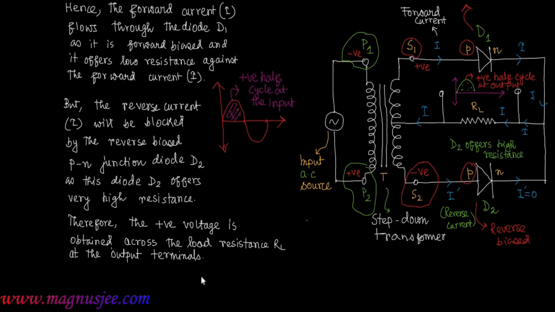And this positive half cycle at the output terminals is obtained due to the conduction of current by the diode D1, not due to the diode D2. The positive voltage is obtained across the load resistance RL at the output terminals due to the conduction of which diode?